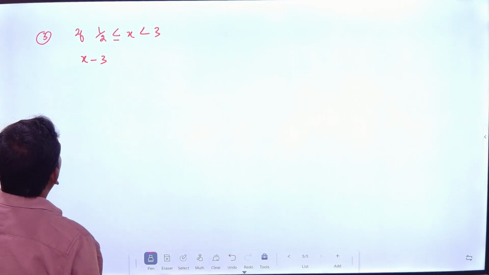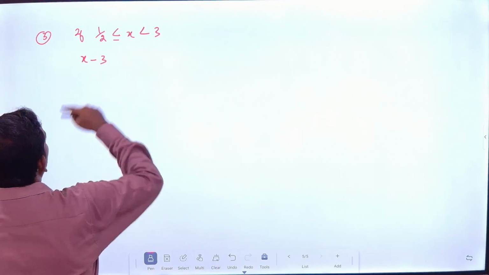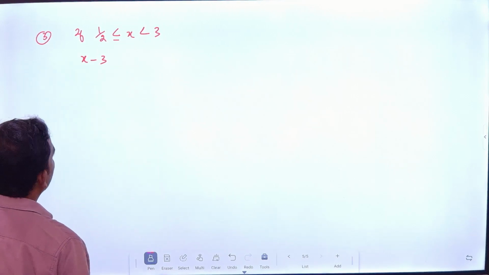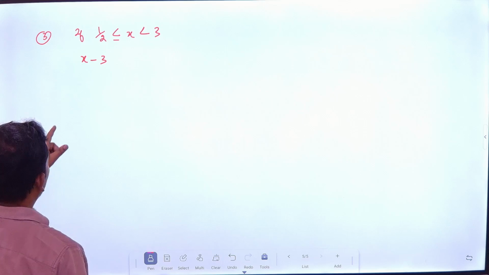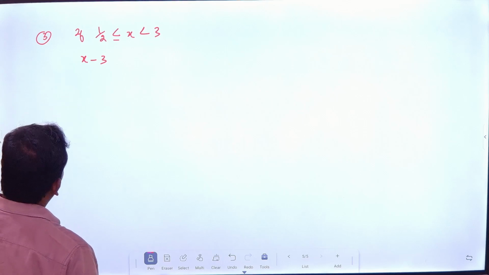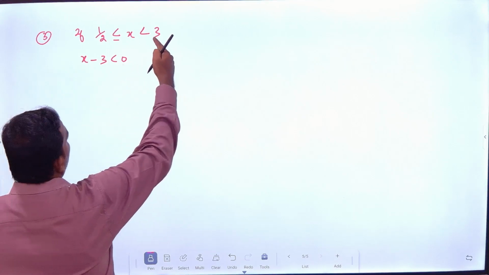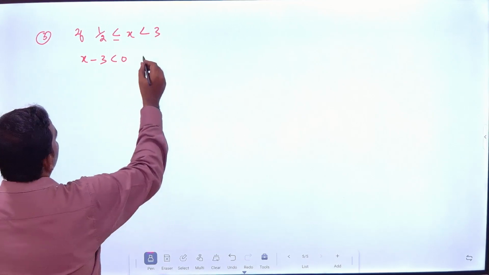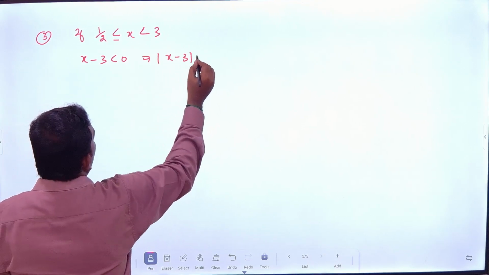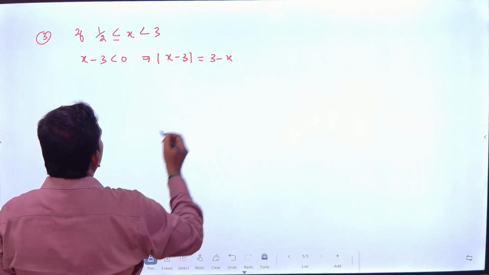Adding minus 3 on both sides, definitely it will be negative, right? 1 by 2 minus 3, yes, it is negative. So therefore mod x minus 3, you can define as 3 minus x.